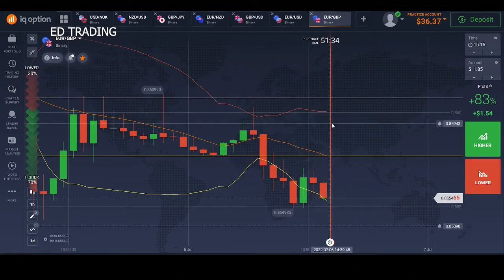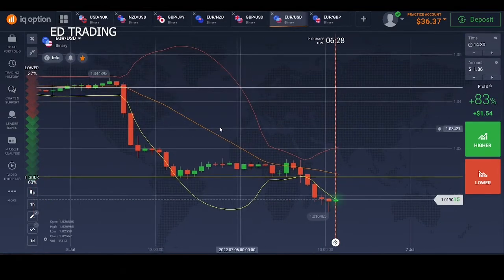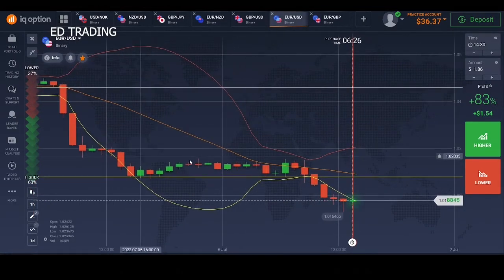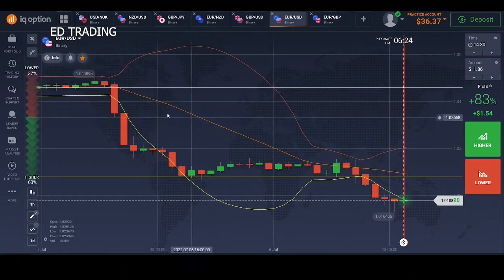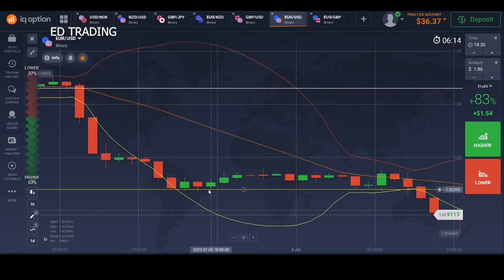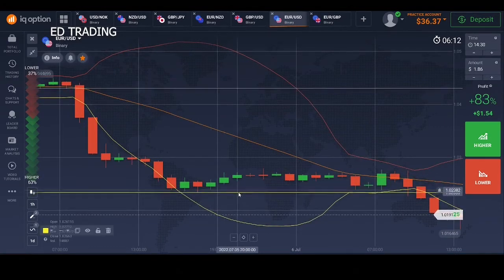So we're going to see other currencies to see if this strategy really works on other currencies. So you can see the movement here, bearish movement here. Then the first bullish candle, another bullish candle, another bullish candle. Take your trend line, you put it just below this bullish candle.